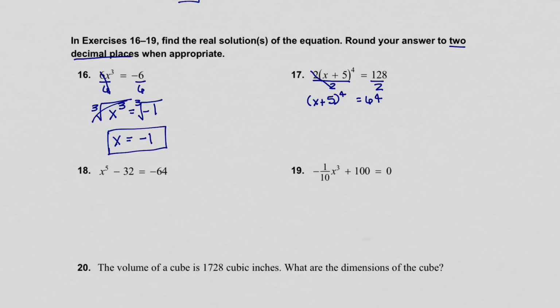Now, if I take the 4th root of both sides, it's not going to come out even and clean. It's going to give me a decimal.